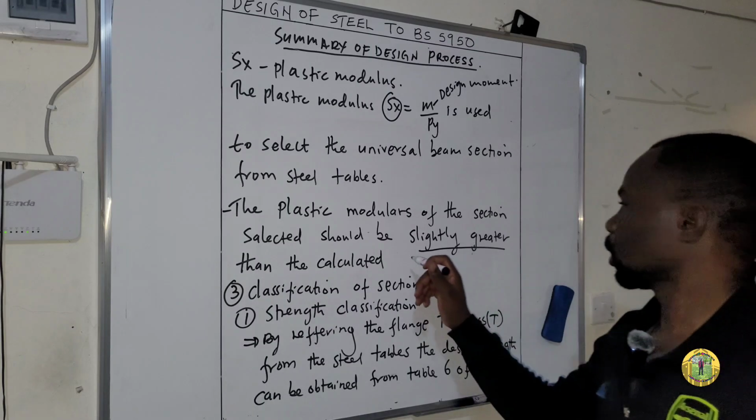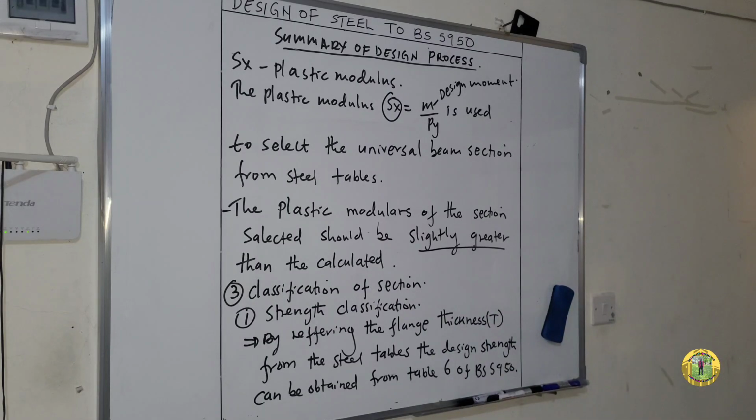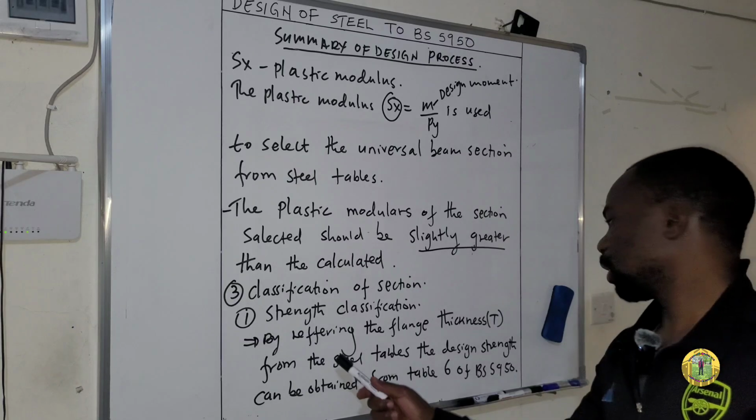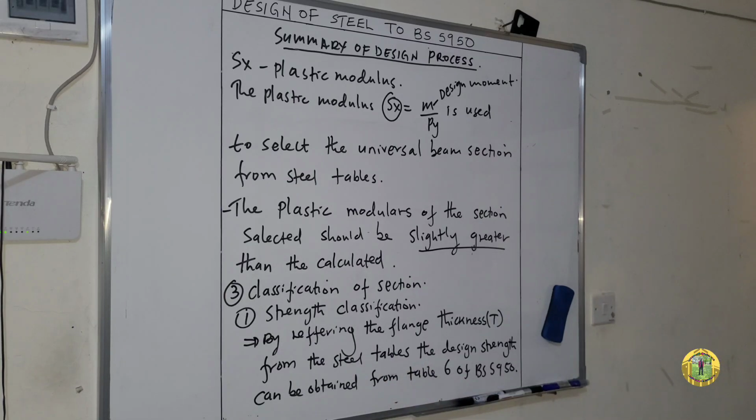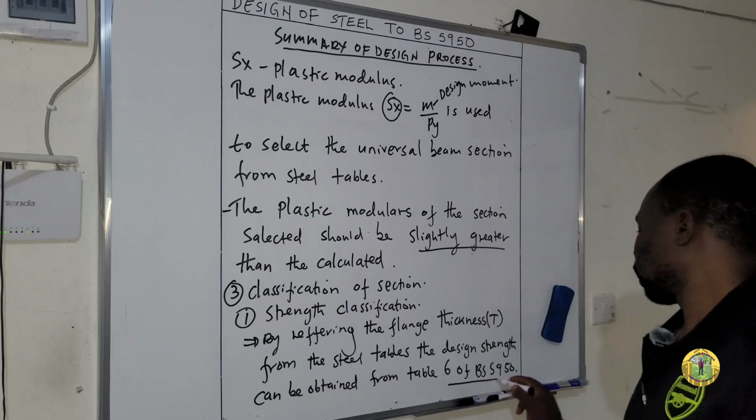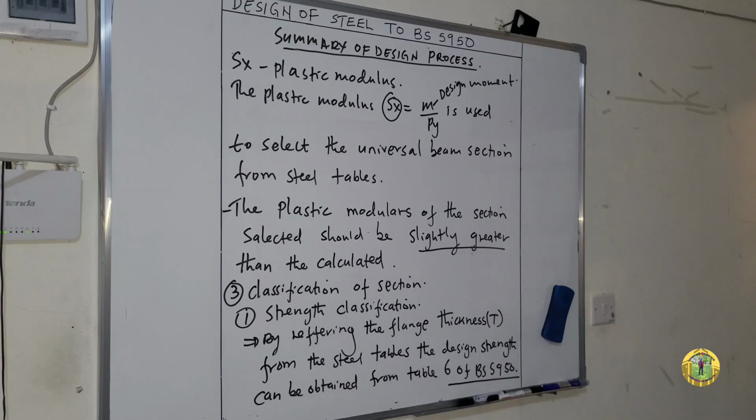So number 3, you have classification of section. Number 1, you have strength classification. By referring to the flange thickness T from the steel table, the design strength can be obtained from table 6 of BS 5950.